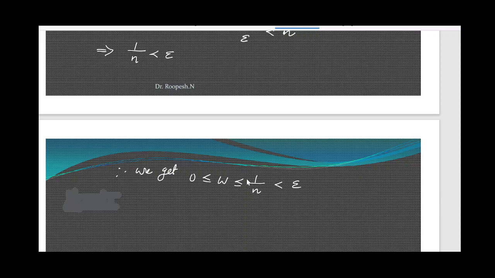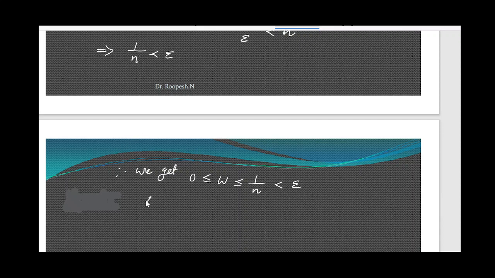By the Archimedean property, this 1 by n is less than epsilon. So W is less than epsilon. Now we have studied that whenever you take an arbitrary positive element epsilon and a quantity A is always less than or equal to epsilon, this implies that A is equal to 0.